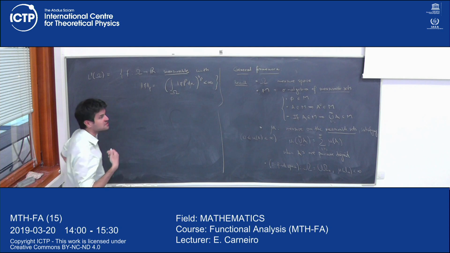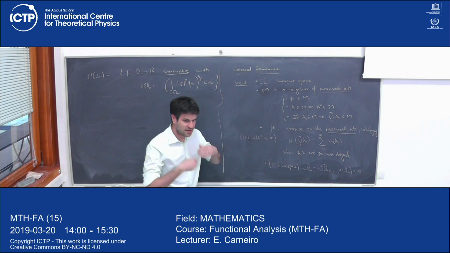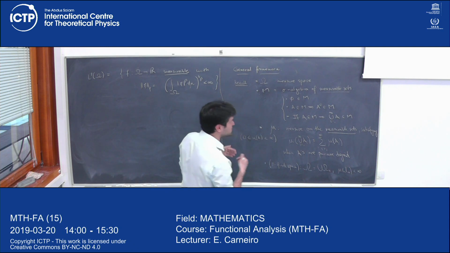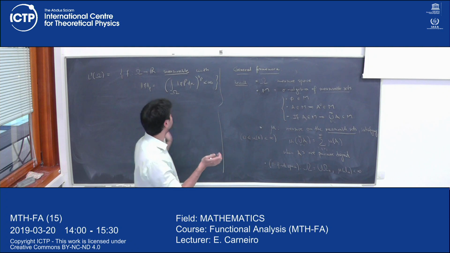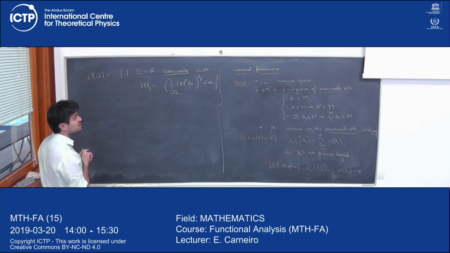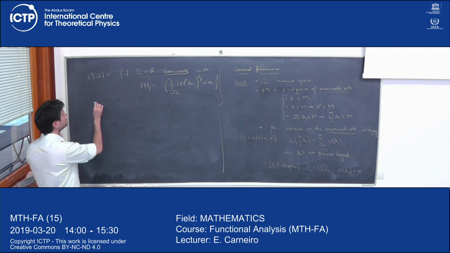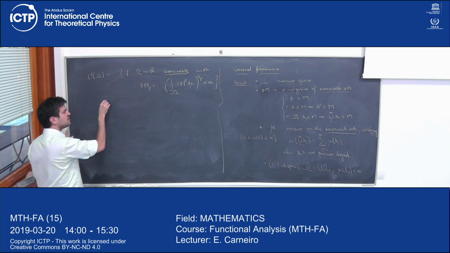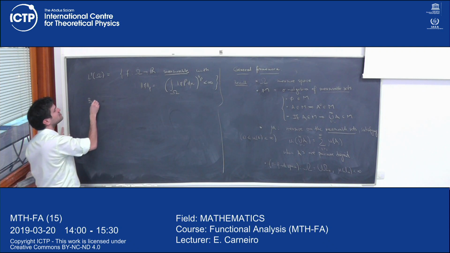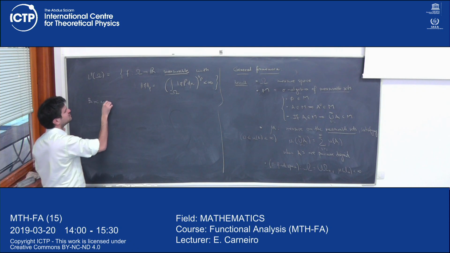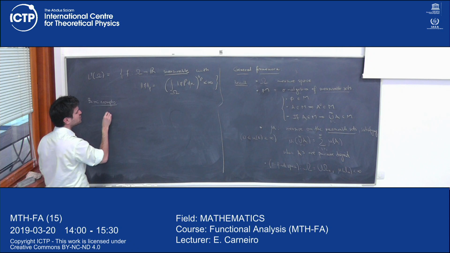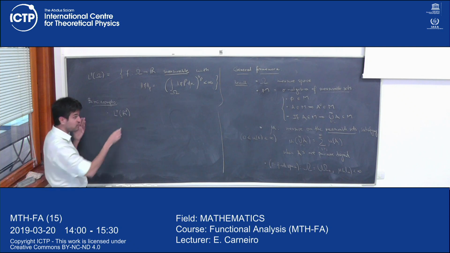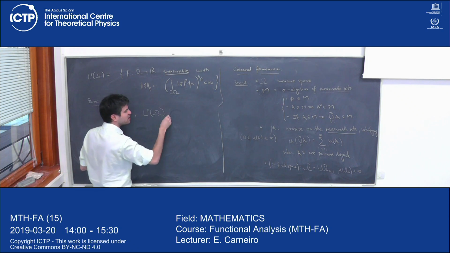So it's okay for our purposes today if you just want to think about RD and LP of RD or LP of subdomains of RD. But everything we're going to discuss goes a little bit beyond, to LP of general measure spaces. In particular, the very basic examples that I want you to have in mind are, of course, spaces LP of RD, or LP of subdomains of RD.